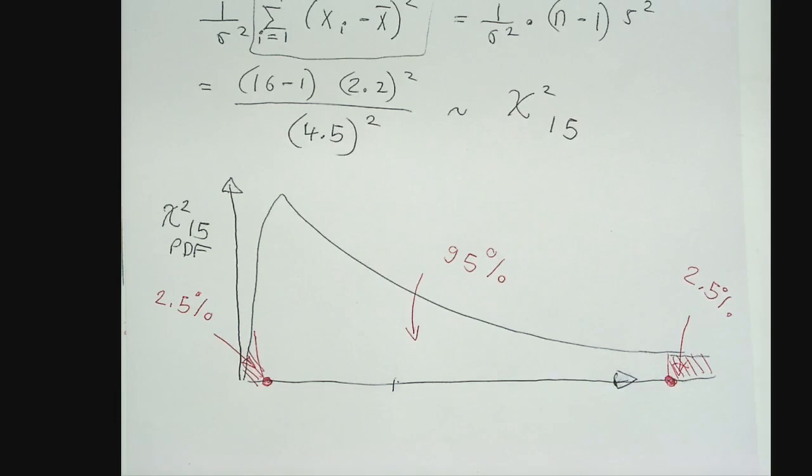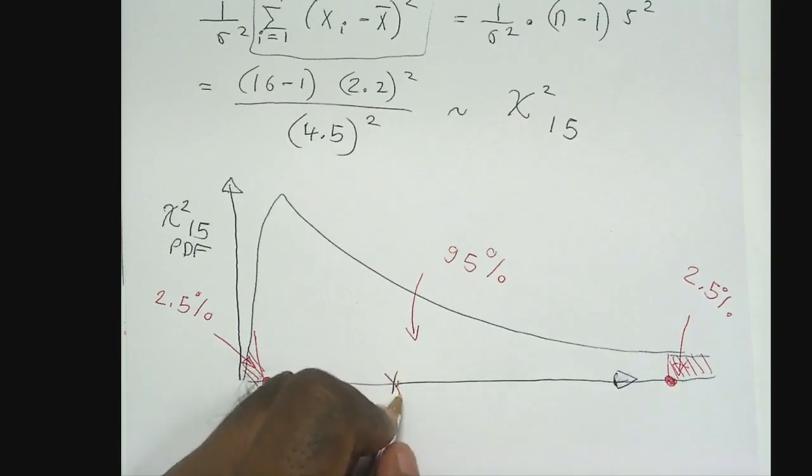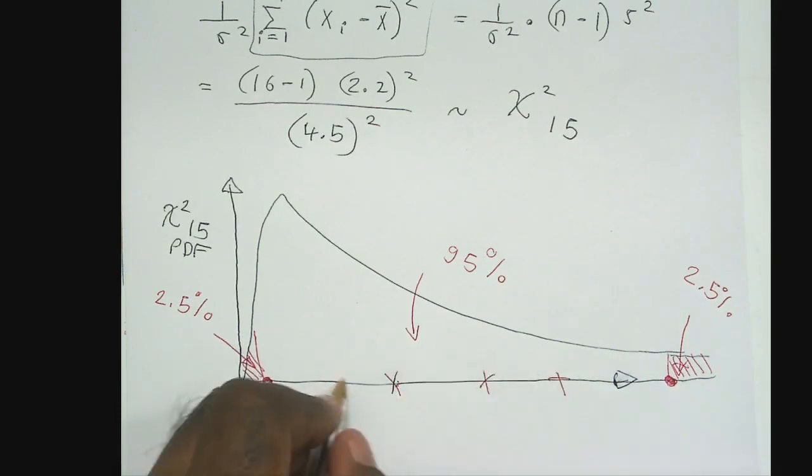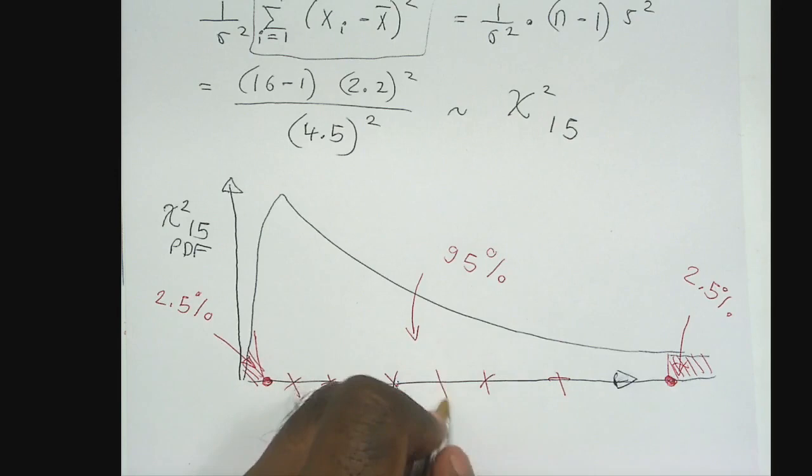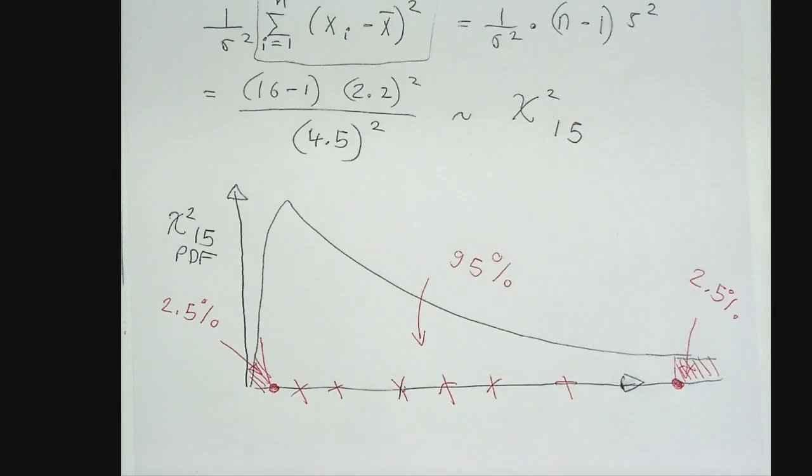When I say central part, I mean somewhere here, or here, or here, or here, right? You would expect it to fall in the central part of the distribution, not in the extreme left or the extreme right. You wouldn't expect a number that follows a certain distribution to fall in this area or in this area, right?